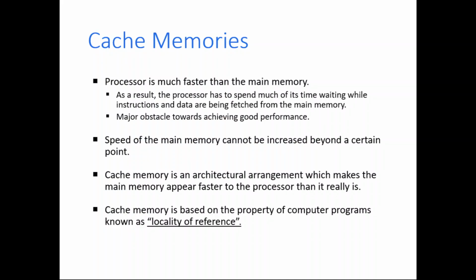The most frequently used data, or the data which is likely to be accessed in the future, will be placed in the cache memory, so that the processor can get the data very quickly from the cache memory rather than from the main memory.